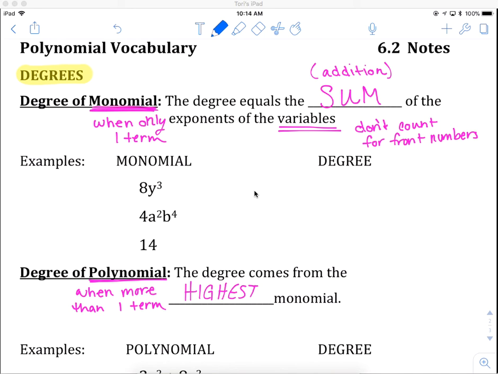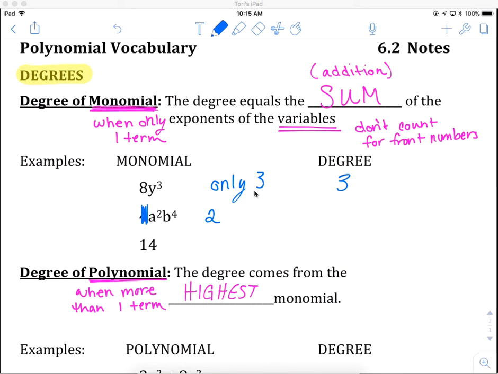So first example is pretty straightforward. We're not going to worry about the 8, we can just ignore him. Okay, all I want to know is what are all the exponents on that one term? Well, the only thing we have is 3, so our degree is 3. Okay, that's straightforward. Same thing on the second problem. We're not going to worry about the 4 because he's not a variable. So if I say, what are the exponents in that term?